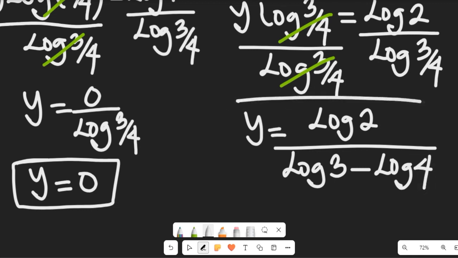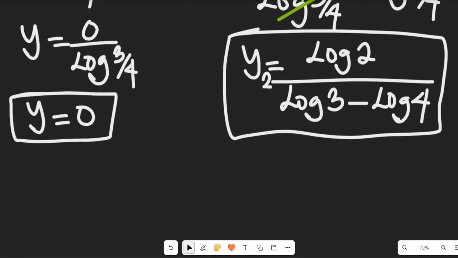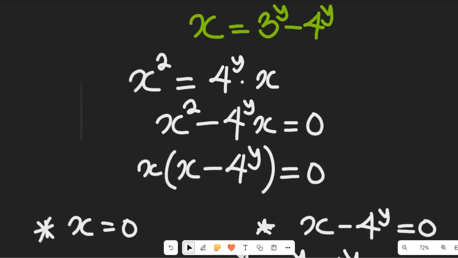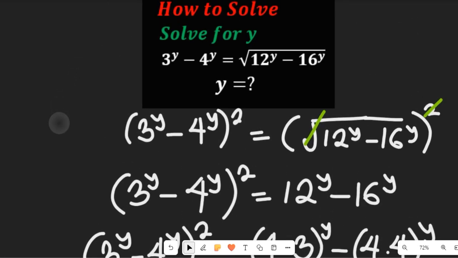So the value of y, which we term y2, is equal to the log of 2 divided by the log of 3 divided by 4. So these are the two solutions that satisfy the equation that was given to us at the beginning of this solution.